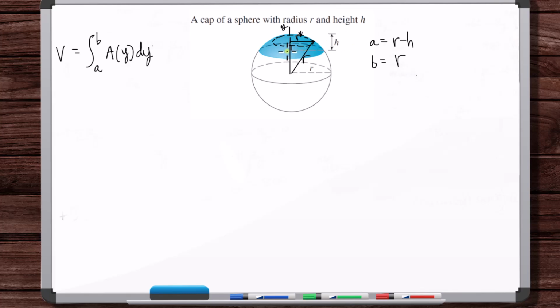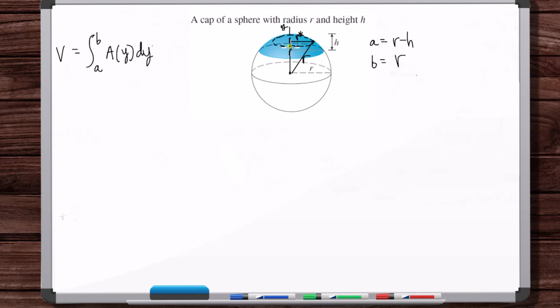We're starting at y equal to r minus h, so this is y equal to 0, and that's why we're integrating from y equal to r minus h to y equal to r.